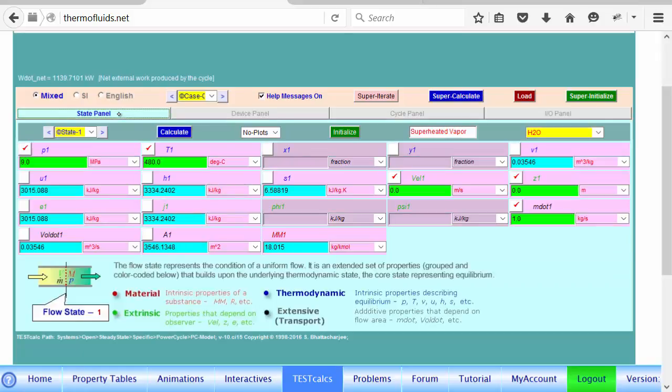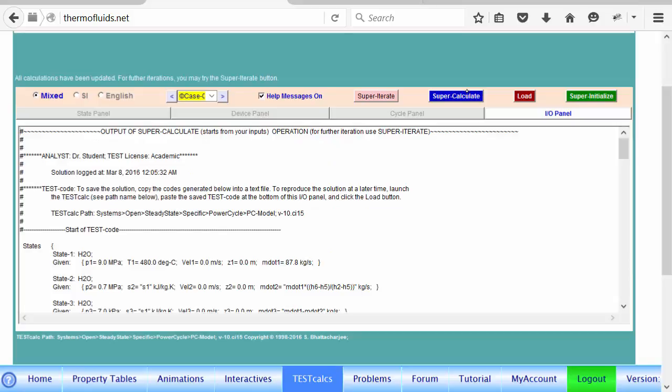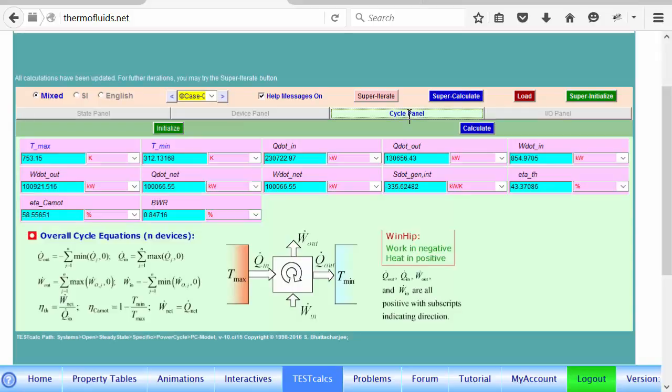So we can go back to state 1 and say the mass flow rate should be 87.8 kg per second. And then to propagate that, we have to click on super calculate. And you can see the net power output is now increased to 100 megawatt.